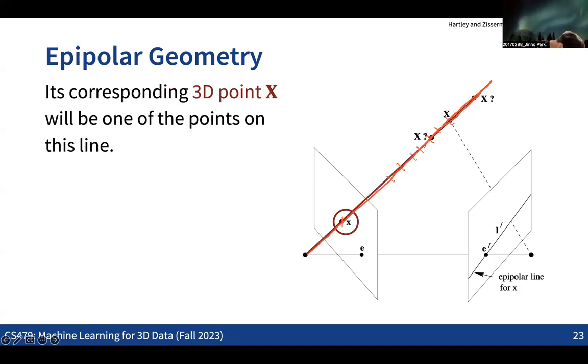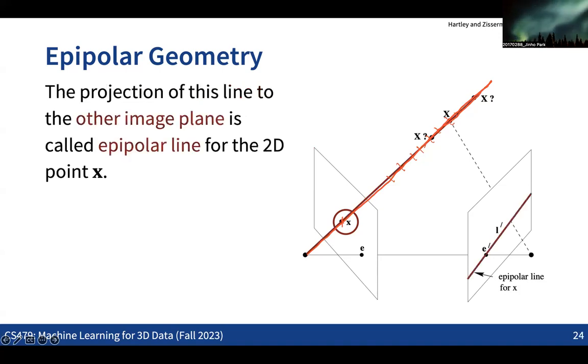Now let's think about projecting this ray in the 3D space into the other view. When you have one single pixel in the first view, the projection of this ray from the first camera into the second camera is called the epipolar line.